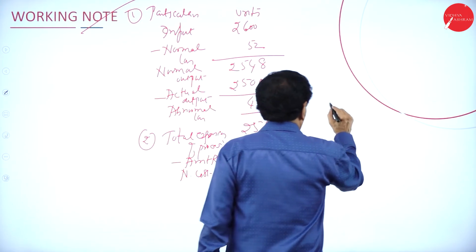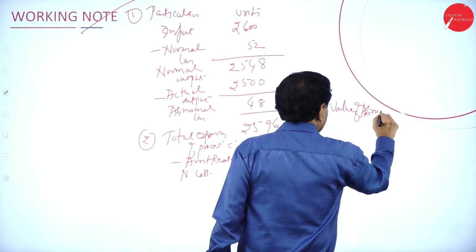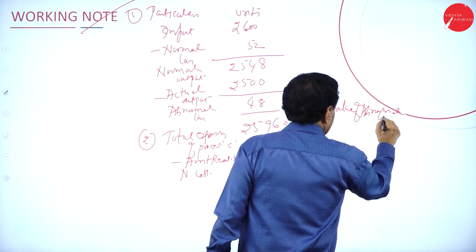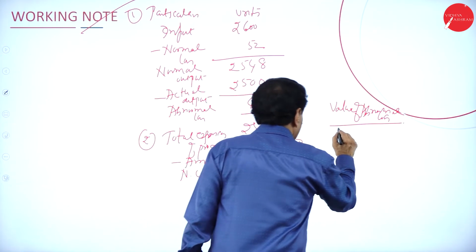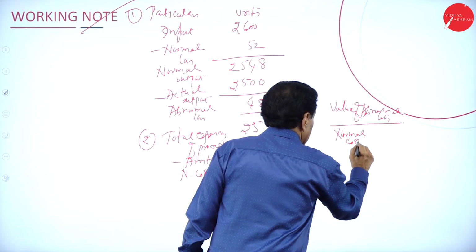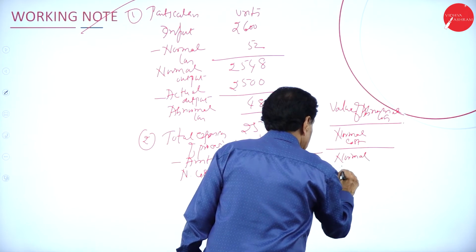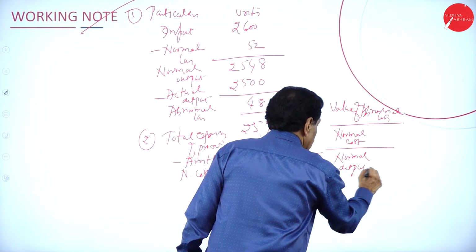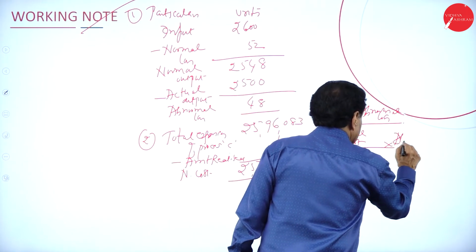Last one: value of abnormal loss. Normal cost divided by normal output multiplied by abnormal loss units.